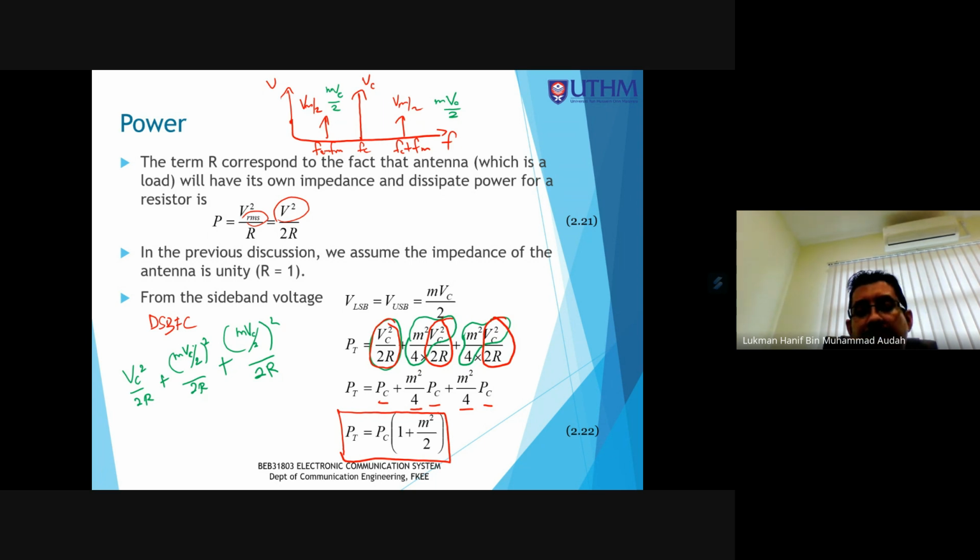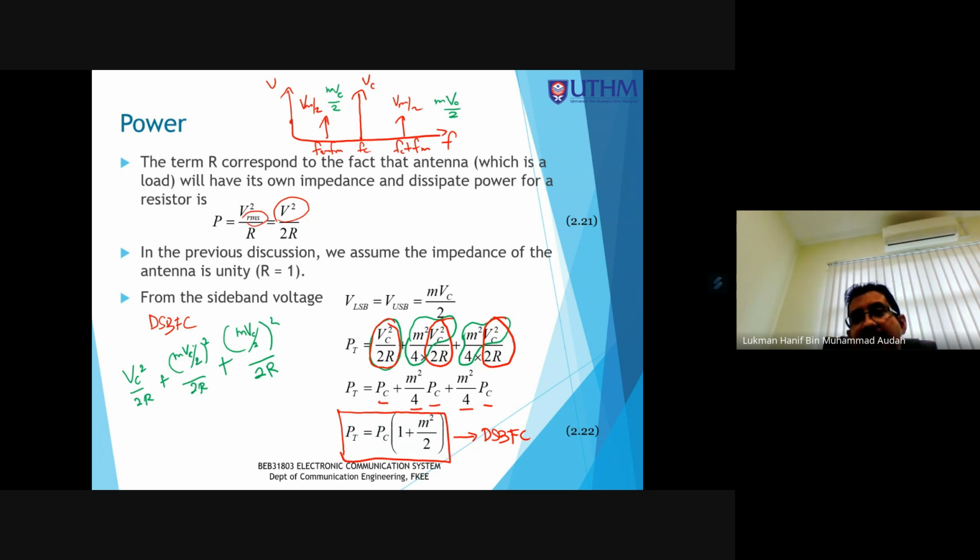Remember class, this is only true for double sideband full carrier only.